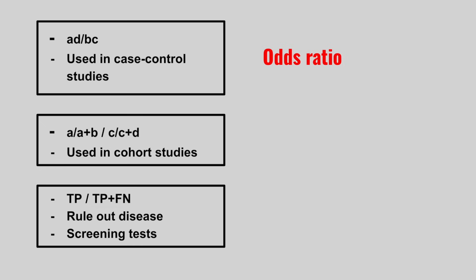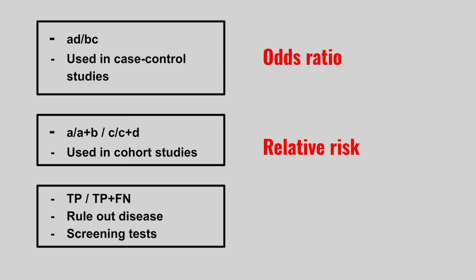Next, we have the formula A divided by A plus B, and then we divide that by C divided by C plus D, and this is used in cohort studies. This is relative risk. Remember here, it's the risk of developing the disease in the exposed group divided by the risk in the unexposed group.